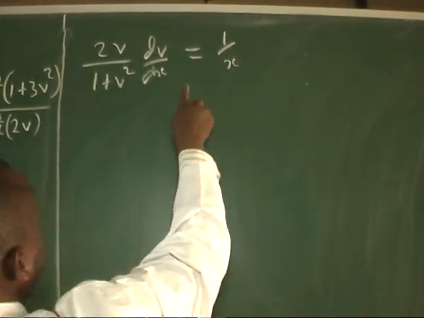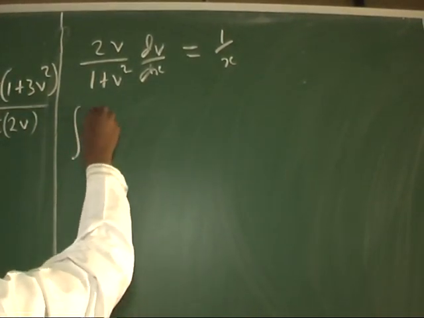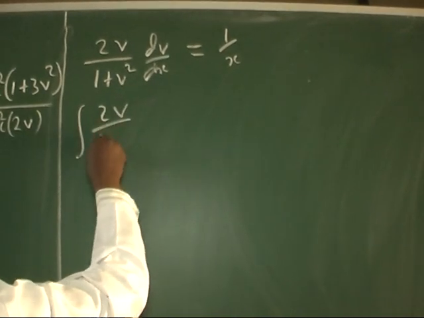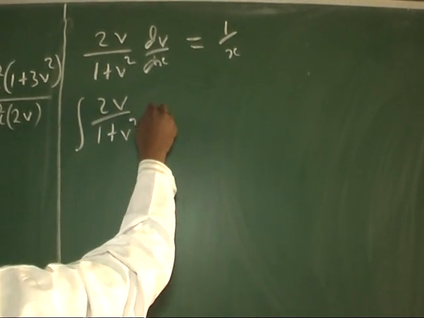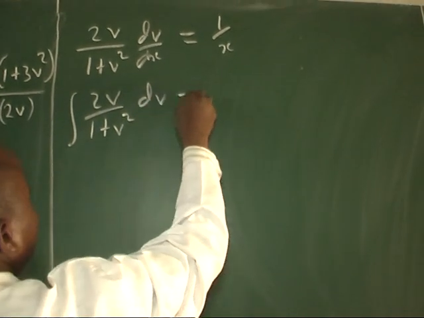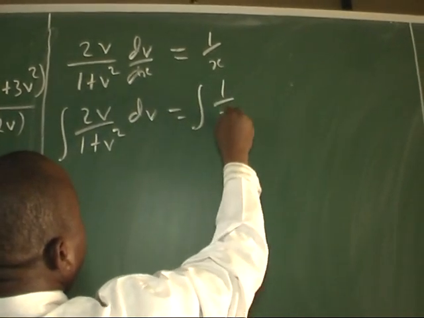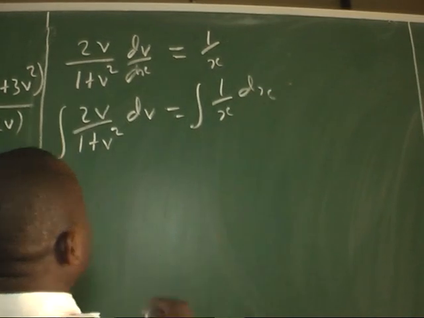Now, integrating both sides, I'll have the integral of 2v all over 1 plus v squared dv equal to the integral of 1 all over x dx.